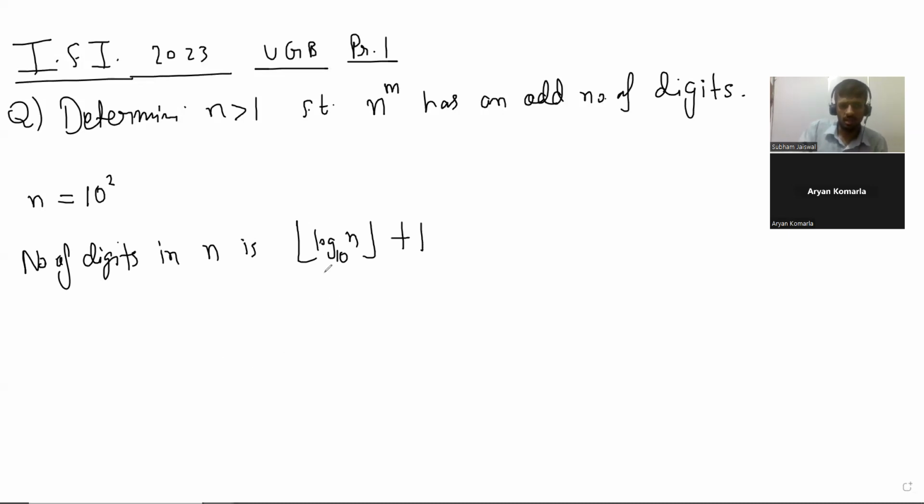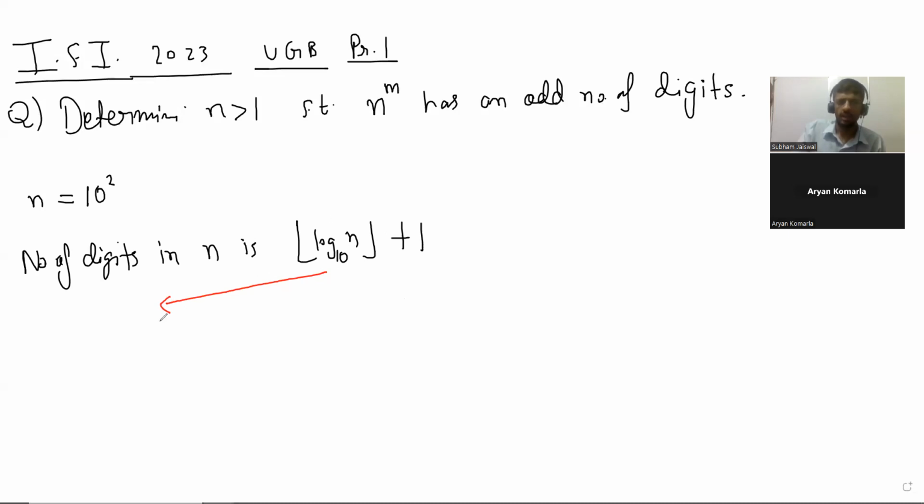So your case was when this is an integer and when this is not an integer, so three cases: even integer, odd integer, not an integer.